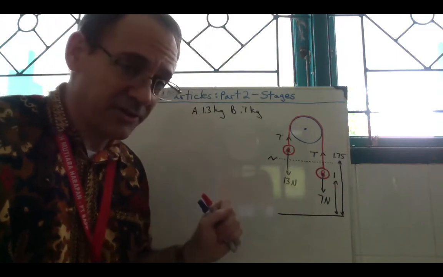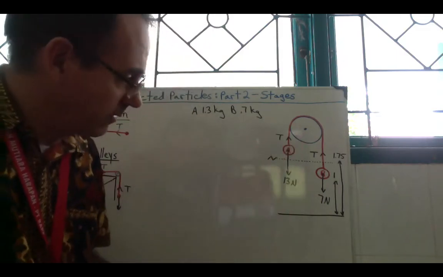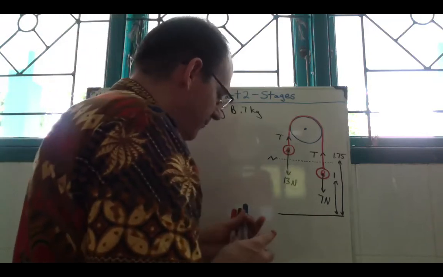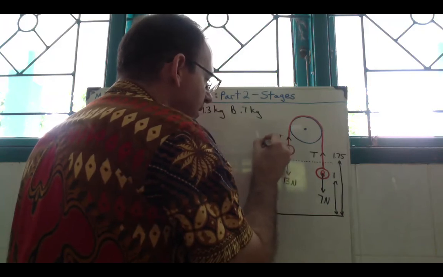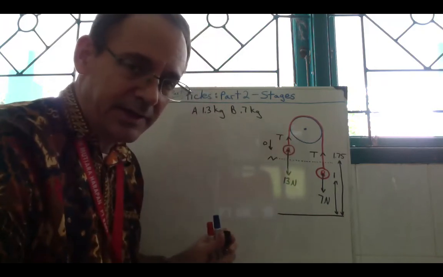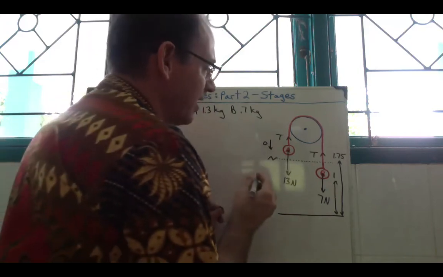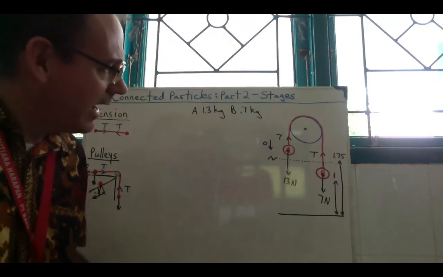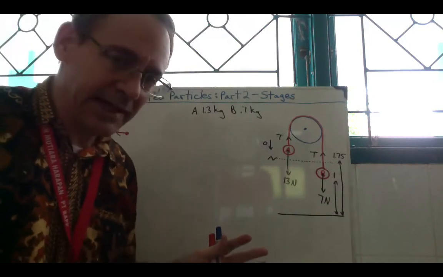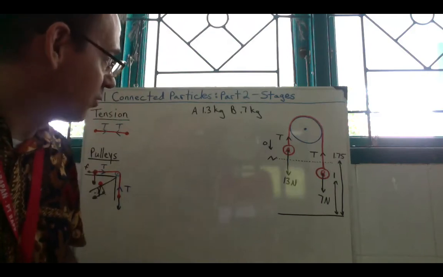So when this is released, the A will go down and the B will go up. We also have an initial velocity of 0, because the system is at rest and then we let it go. So we have that to work with. And there's no inclined plane, there's no friction. So this is what we have to work with.